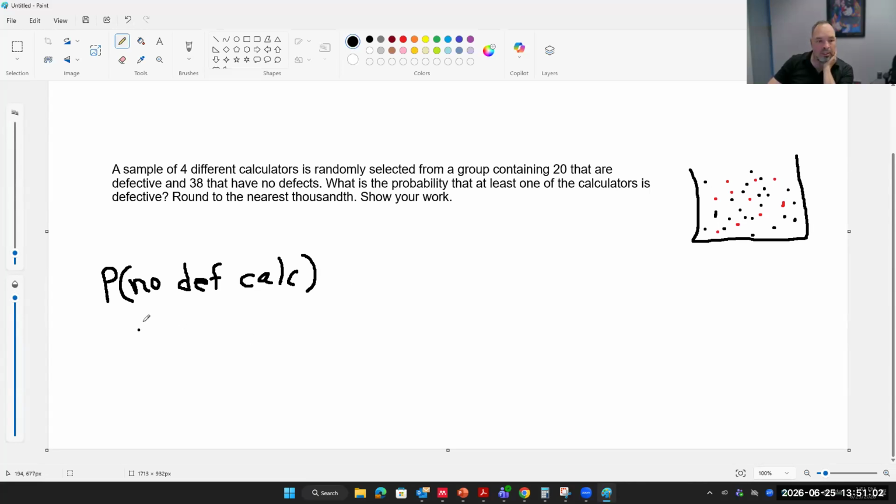So the reason it's easier to go with this version as opposed to directly the one where it says at least one of them is defective is because you can get a defective and then three non-defective. You can have two that are defective and the other two are not.